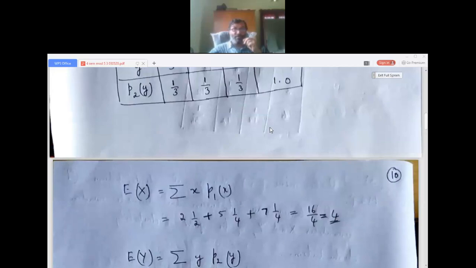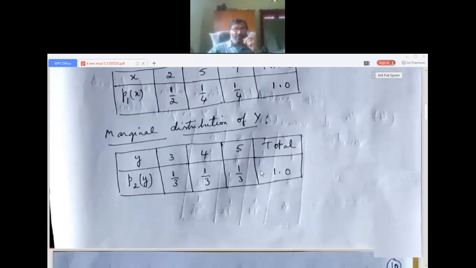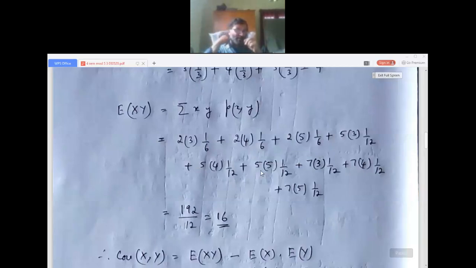For that, see the table and take all combinations: 2 into 3 into 1 by 6 plus 2 into 4 into 1 by 6 plus 2 into 5 into 1 by 6 plus 5 into 3 into 1 by 12 plus 5 into 4 into 1 by 12 plus 5 into 5 into 1 by 12, plus 7 into 3 into 1 by 12 plus 7 into 4 into 1 by 12 plus 7 into 5 into 1 by 12. All the combinations are taken as written here. The rest is simple calculation, and you should get the same answer: 192 by 12, equal to 16.